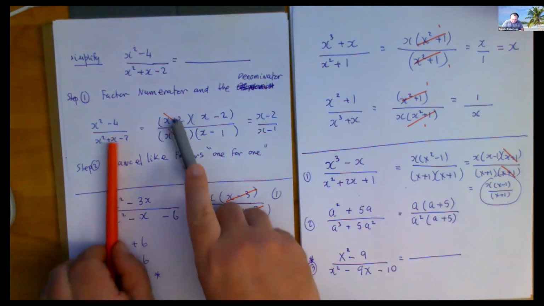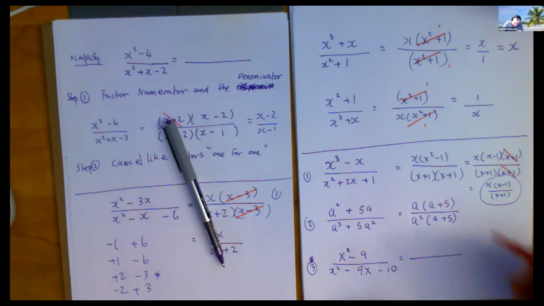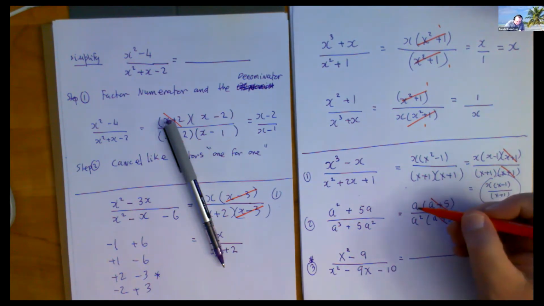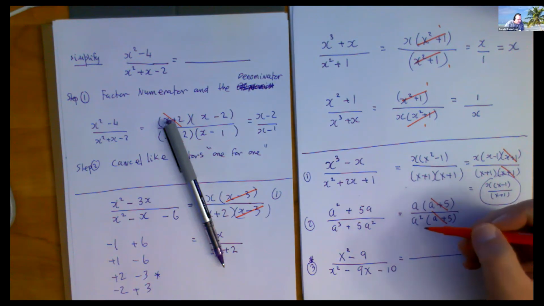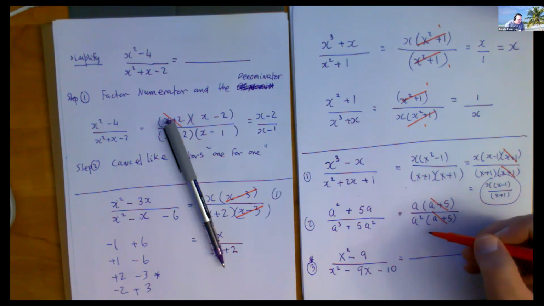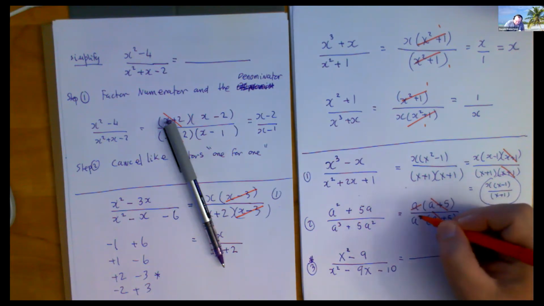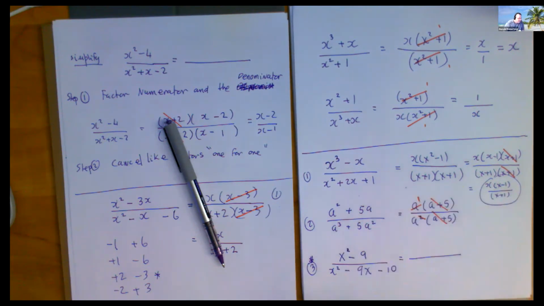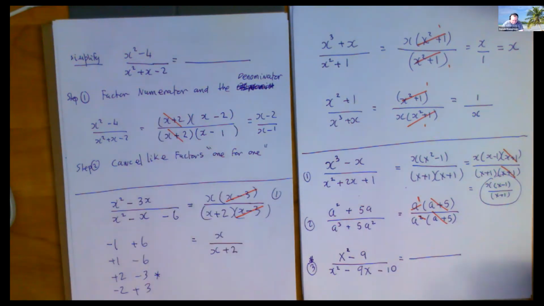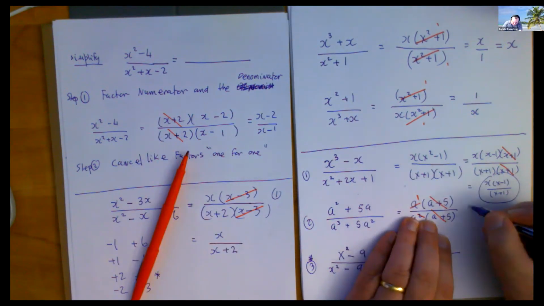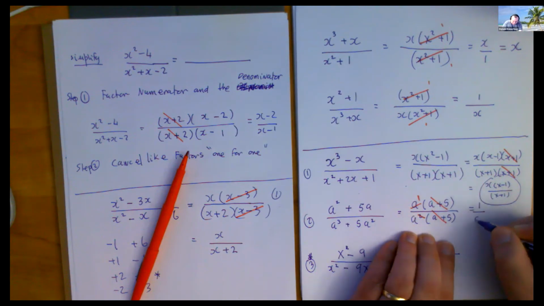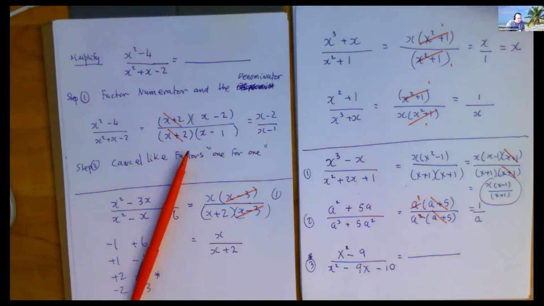Now let's see how this one cancels. There's a 1-for-1 cancel. That a does not destroy all of the a squared. Doesn't that a in the top only kill off one of the a squareds? So when I cancel this out, do you see that I'm going to be left with that little 1 that we never worry about until it's necessary. So 1 on the top and a on the bottom. So that's what that one simplifies down to.